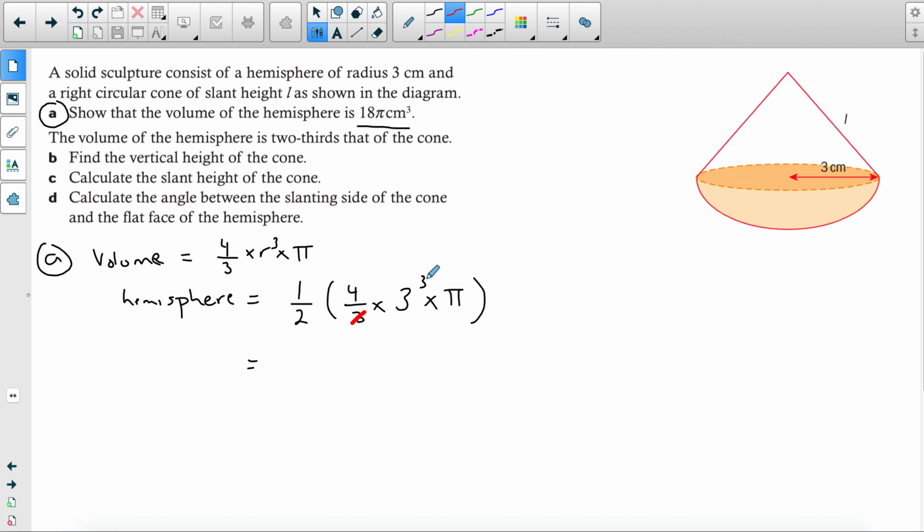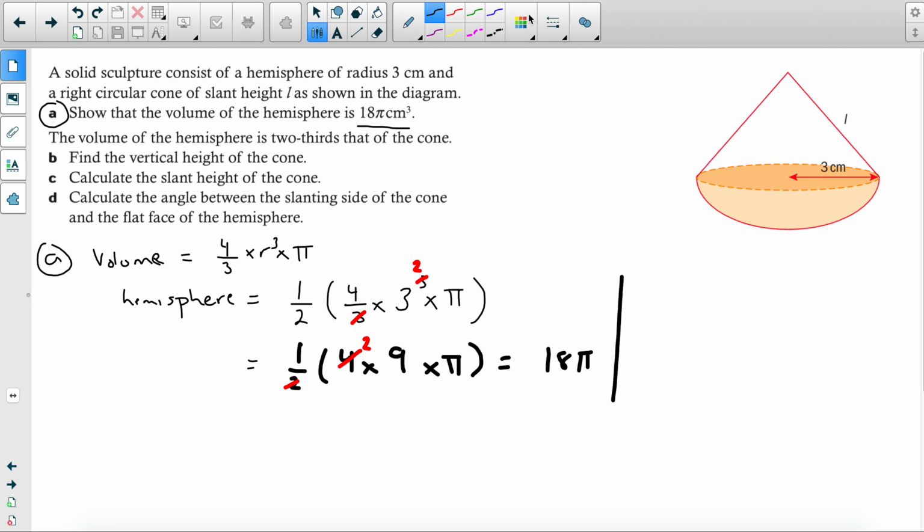One of the 3s will cancel out with one of the 3s here, so it's going to end up being a half, and then 4 times 3 squared, which is 9, times pi. And then this 2 will simplify with the 4. So 2 goes 1, 4 goes twice. You just simplify them, or 4 divided by 2, up to you. So you're left with 2 times 9, which is 18 pi.